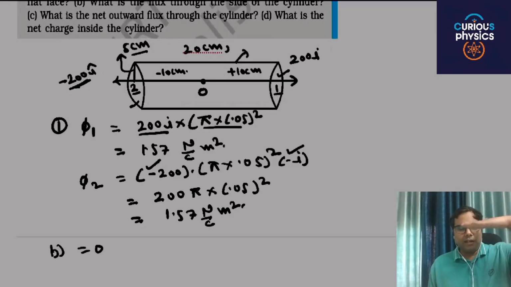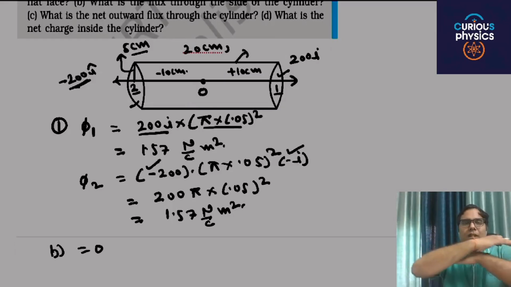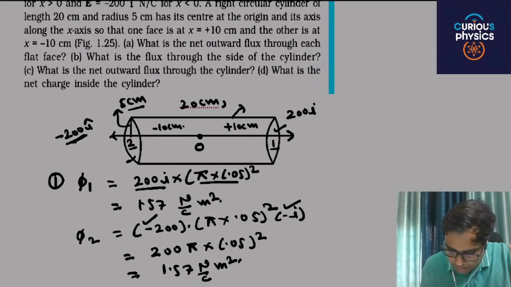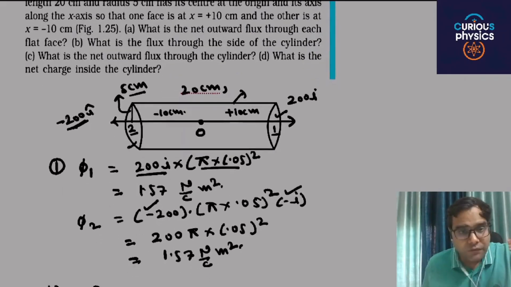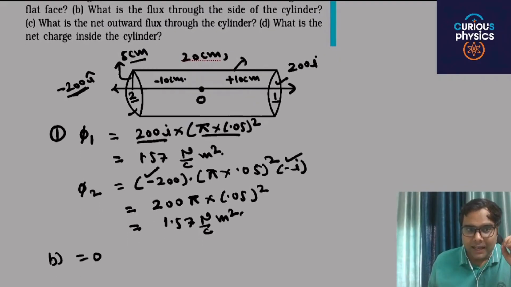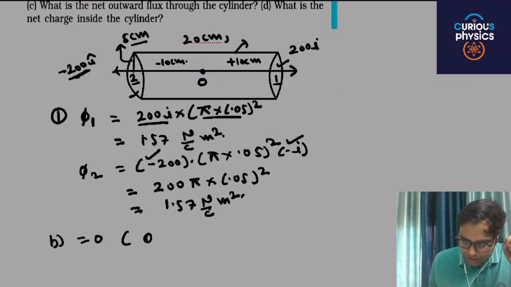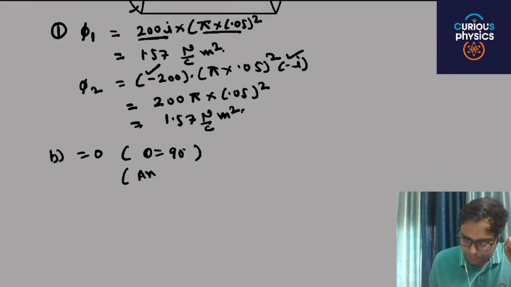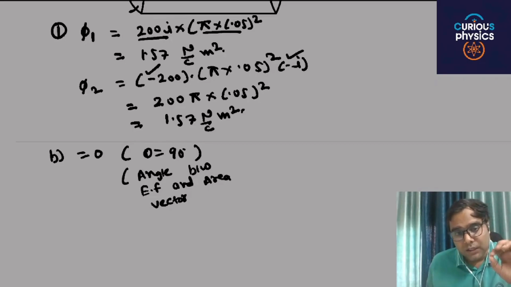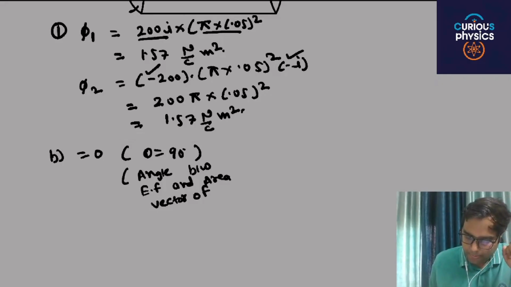Because the electric field is either in the positive direction or in the negative direction, but through the side of the cylinder, the angle between the electric field and the area vector of the side of the cylinder is 90 degrees.